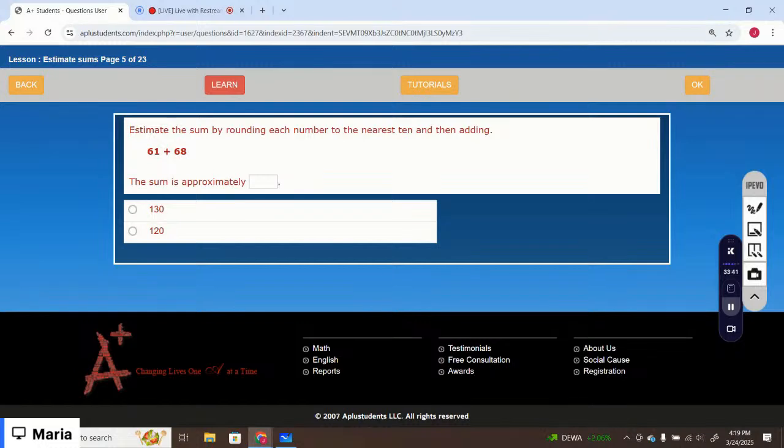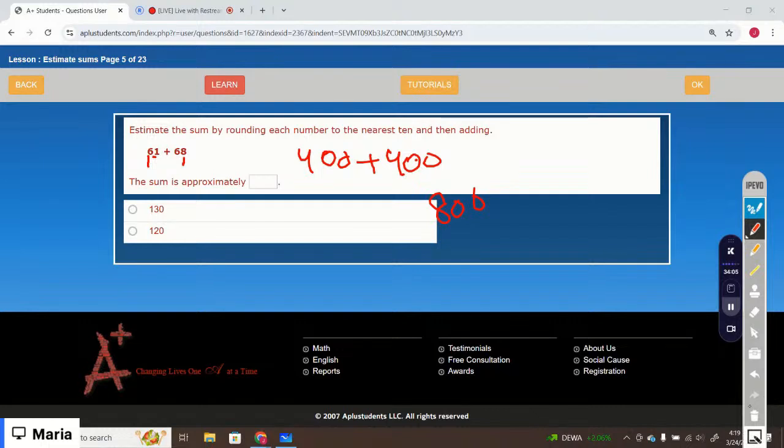61 plus 68. Estimate the sum by rounding each number to the nearest 10 and then adding. So 61 is rounded to 60 and 68 is rounded to 70.